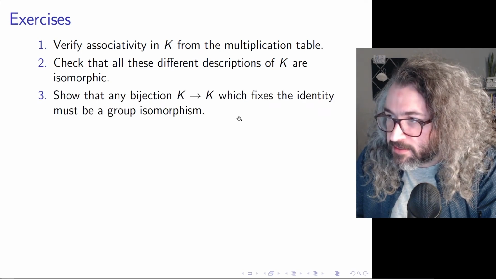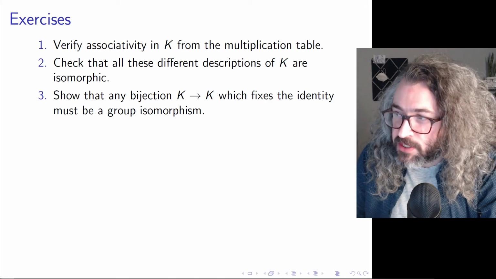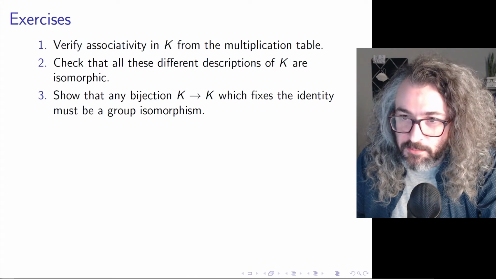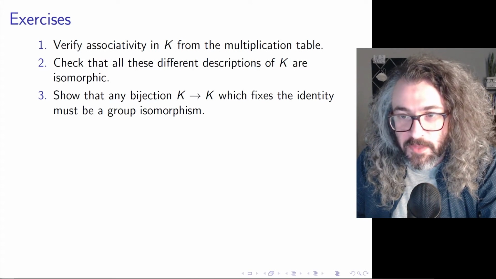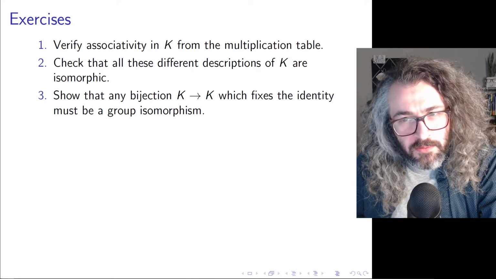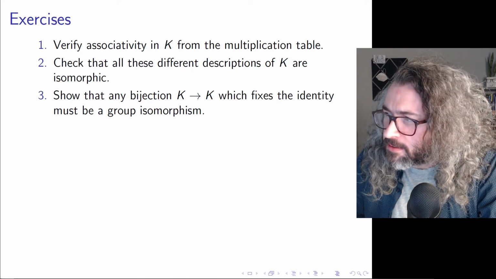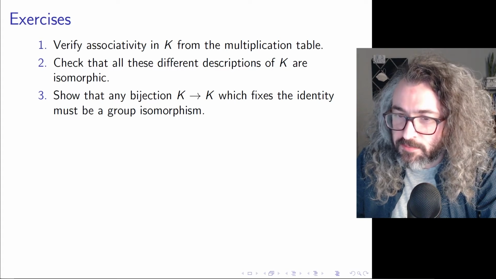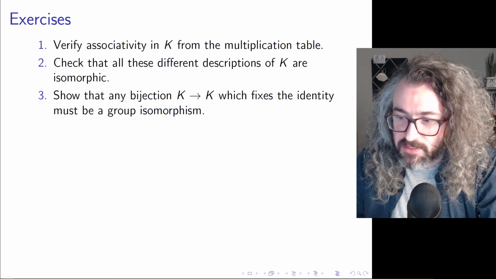Third exercise. Show that any bijection from K to itself, which fixes the identity, must be a group isomorphism. So in other words, the group K can't really see the difference between its non-trivial elements.